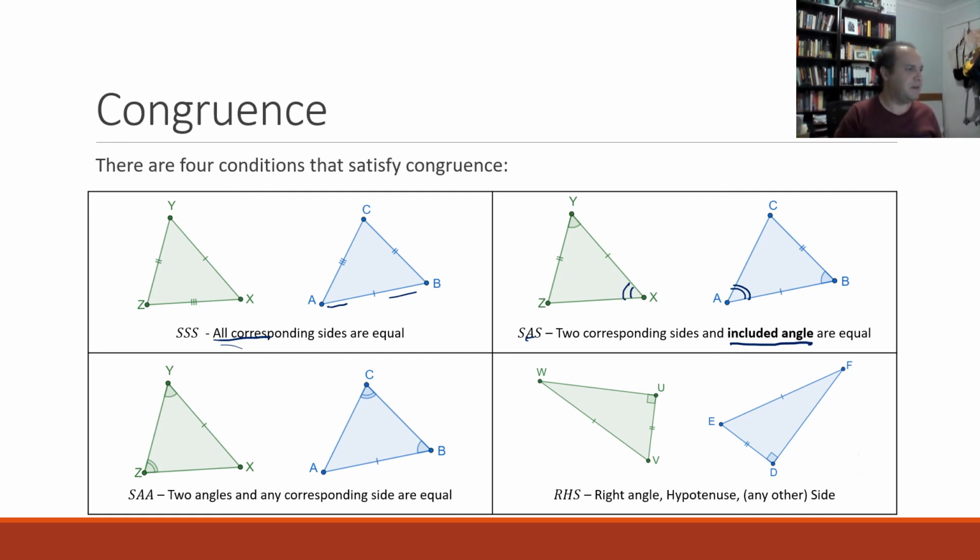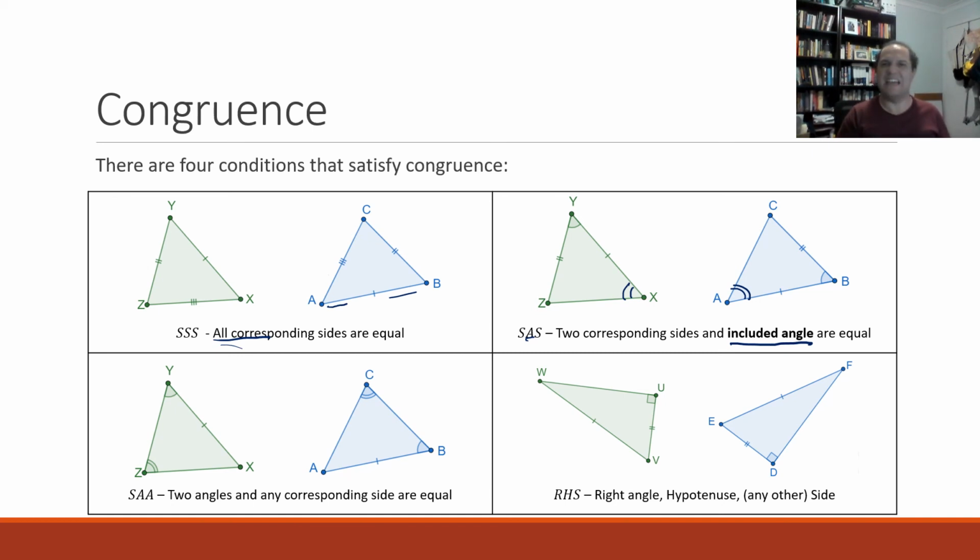Okay, next we've got SAA, hmm, AAS: two angles and any corresponding side. If you've got two angles that are the same, any side being the same as well makes it congruent.